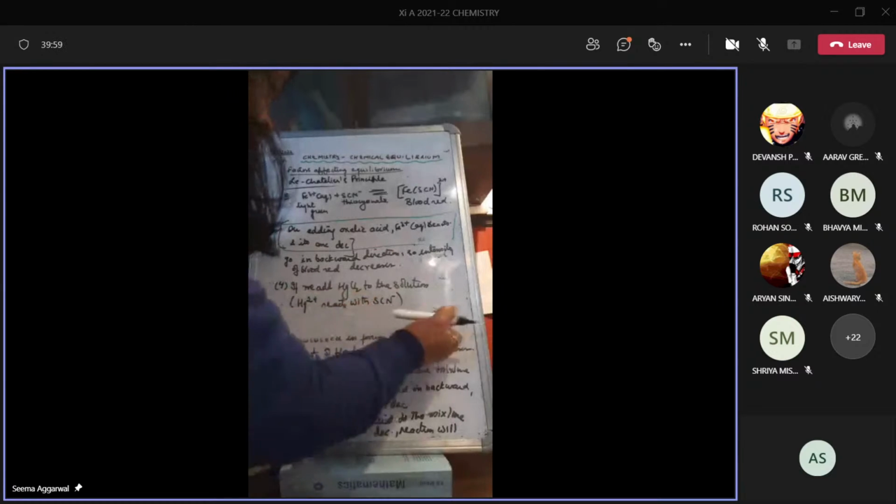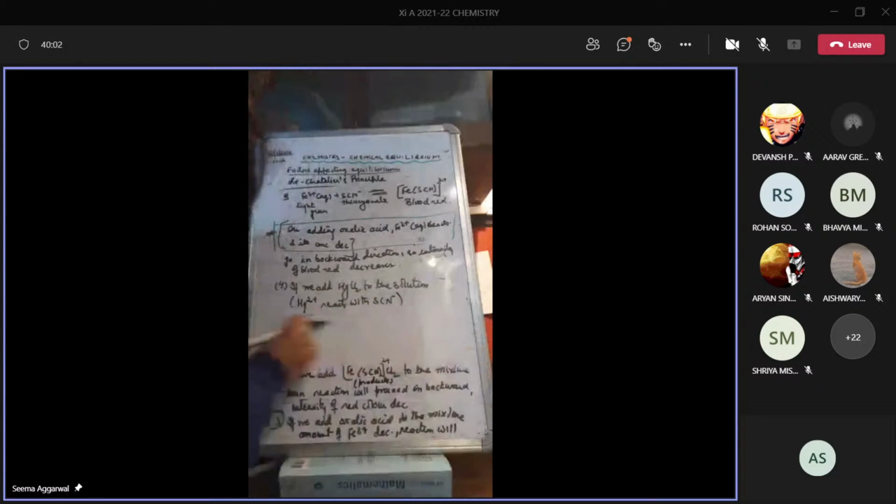So if we add HgCl2 to the reaction solution, and I am giving you a hint, Hg2+ reacts with thiocyanate. So what happens?